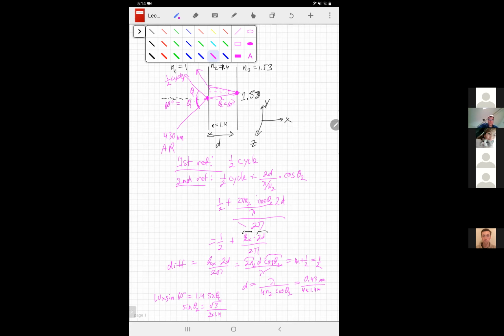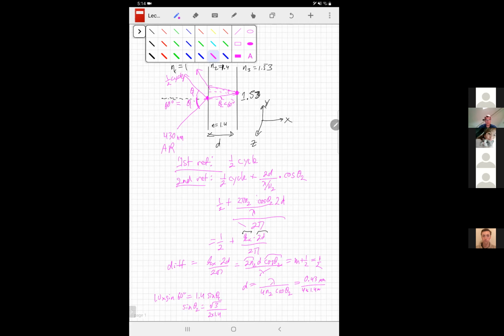Okay, so let's actually test this now with our program. I'm going to share my other screen. Now let's work out what that layer thickness should be. First, we need to have theta 2. Theta 2 is the arc sine of, what did I say?